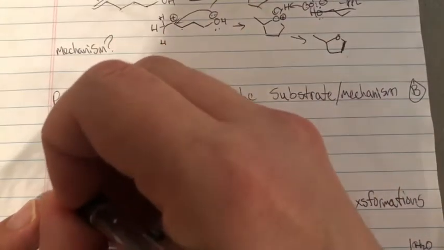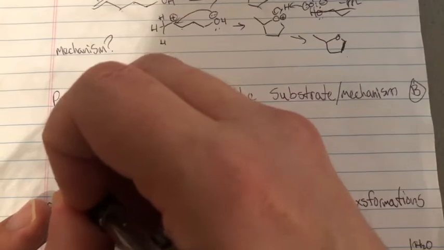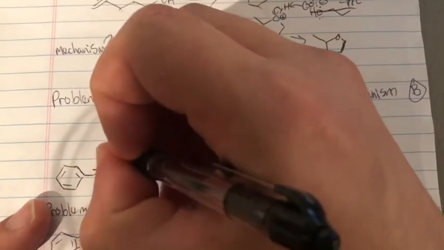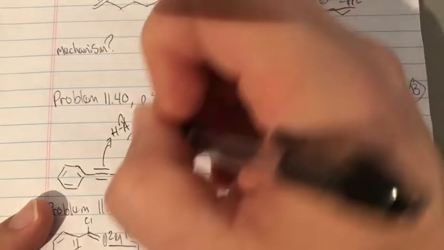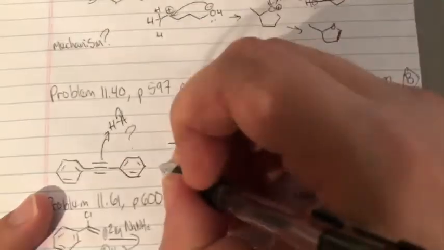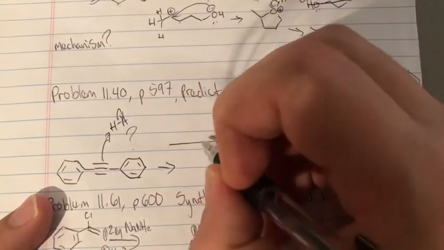Of course, you would use water with H2SO4. You're not going to get any squirrely rearrangements with this. So, all right, let's just put a hydrogen or acid right there. So now we have a protonated intermediate.